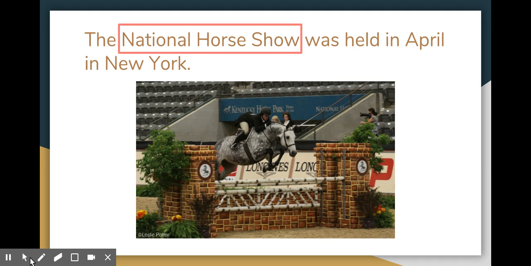We have National Horse Show. It's a name, so it is proper. Then we have April, referring to a specific month. It is also proper. And then we have New York, referring to either a specific city or state. So in this sentence, all of these nouns are proper nouns.